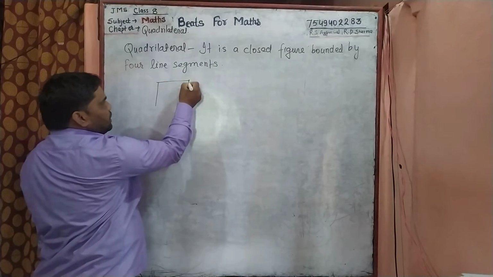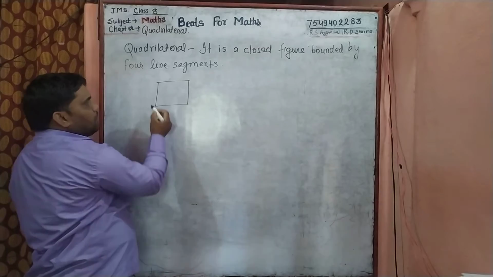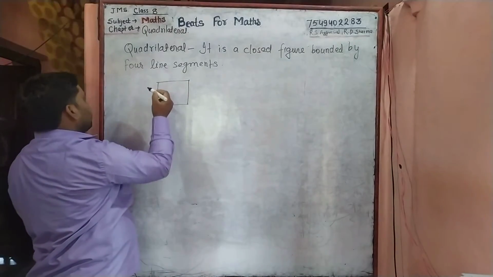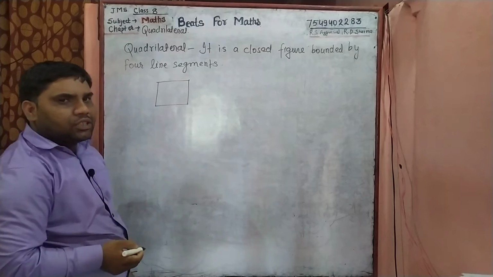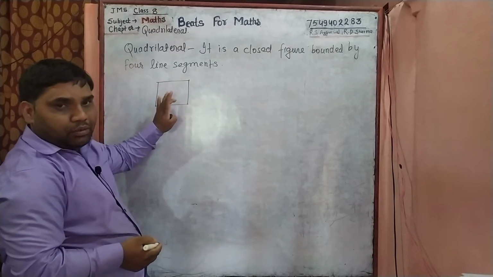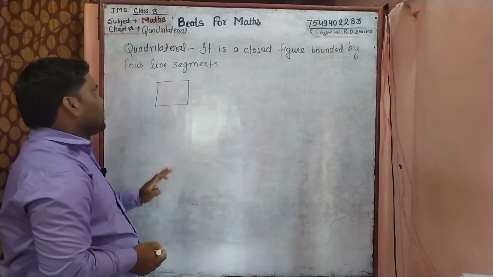You see here this figure. This is a closed figure and made up of four line segments. So such a figure, or polygon, is called a quadrilateral.